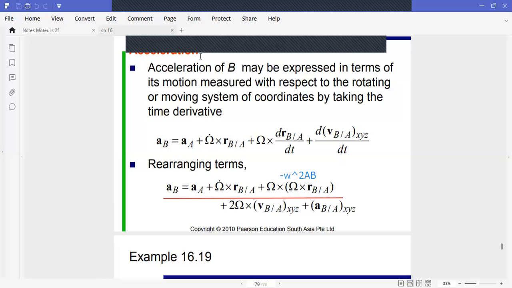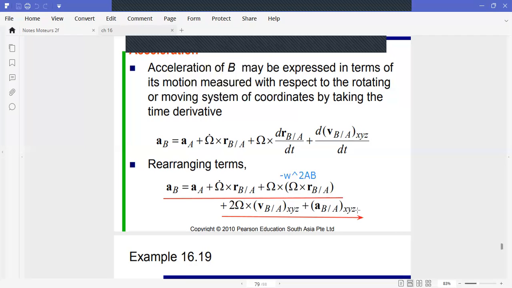Now, what is new? We have two new terms here. The new terms are due to the relative motion of B relative to the rotating frame. This term is the effect of rotation of the body and relative velocity of the object. It is called Coriolis acceleration: 2 omega vectorial relative velocity of B relative to A. Plus a_B relative to A, which represents the relative acceleration of B measured by A in the rotating frame XYZ.